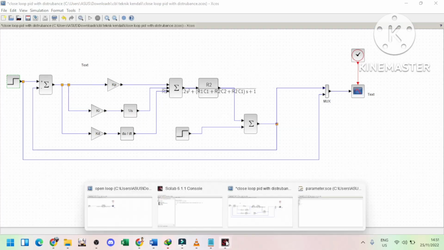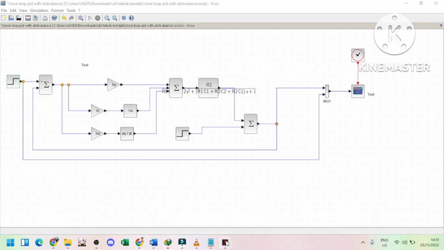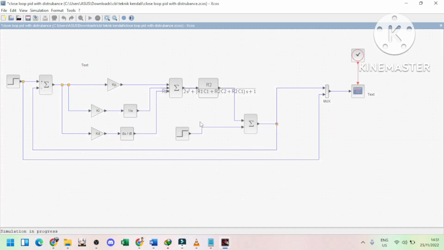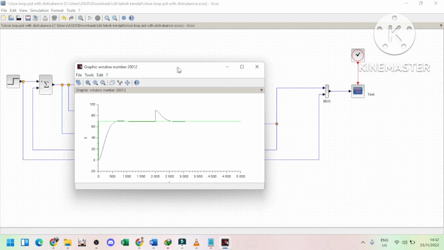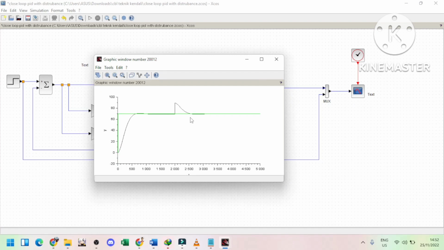So if we run it here, we will get the system result like this. The PID system just neutralizes the disturbance that we added before and becomes stable again.